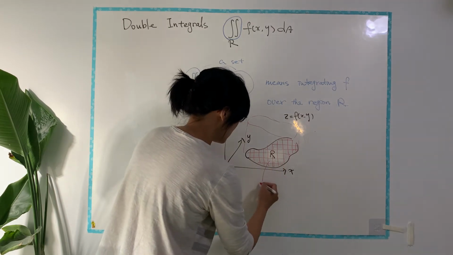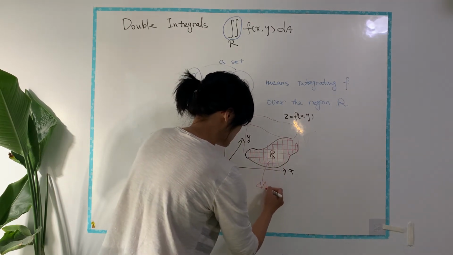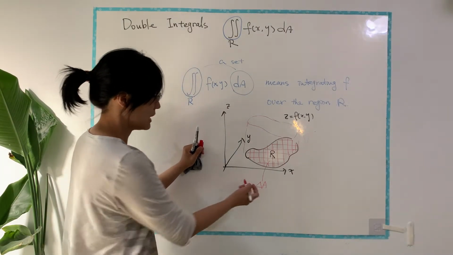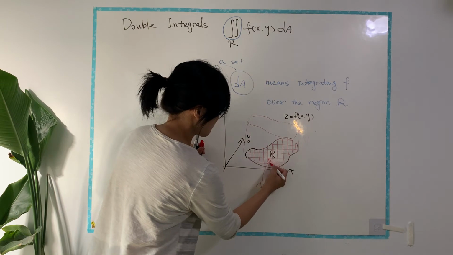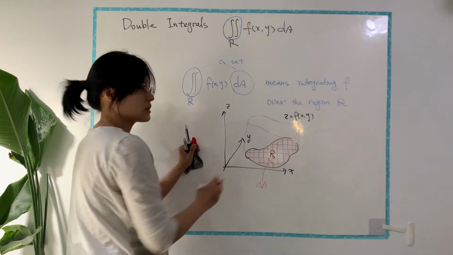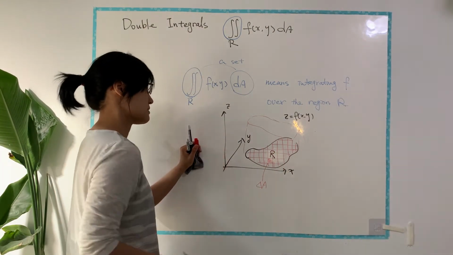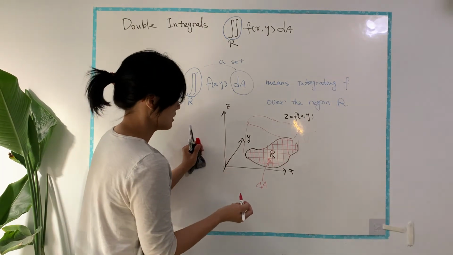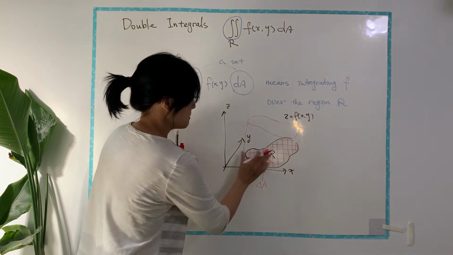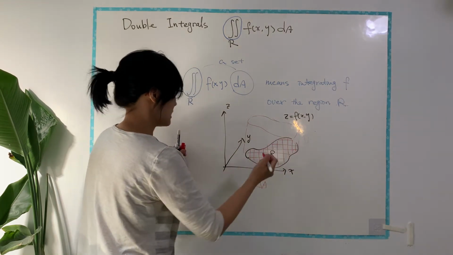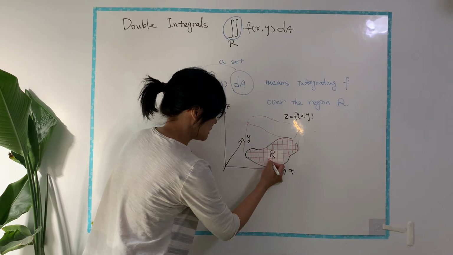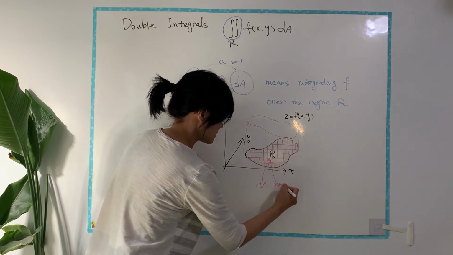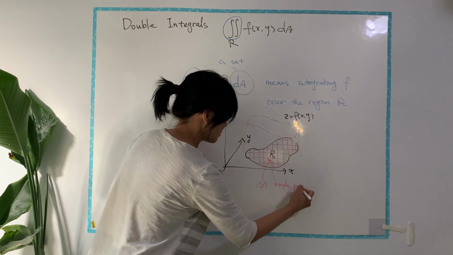Each rectangle has its area, so let's say delta A. A refers to area and delta means this little piece, just like the delta x in Calc 1. Then I have many small rectangles, and in each rectangle I'm going to have a sample point.